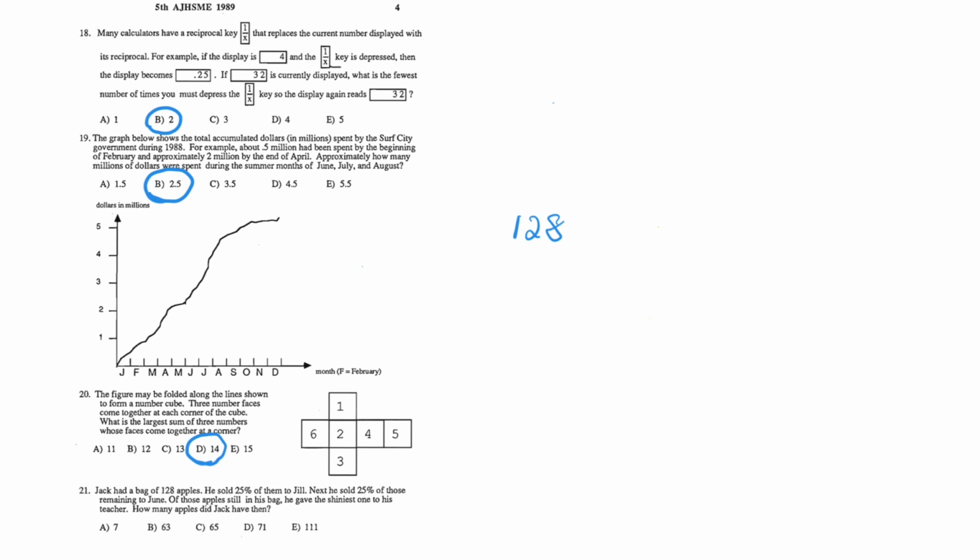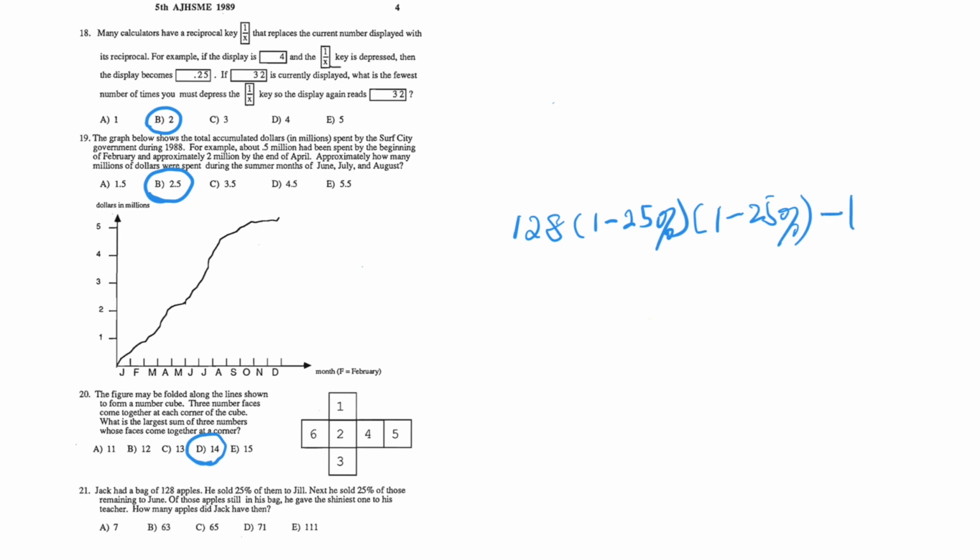First, he sold 25% to Jill, then left 1 minus 25%, that's the remaining. Now he sold 25% again, still leaving 1 minus 25%, and then gave the shyest one to his teacher, minus 1.